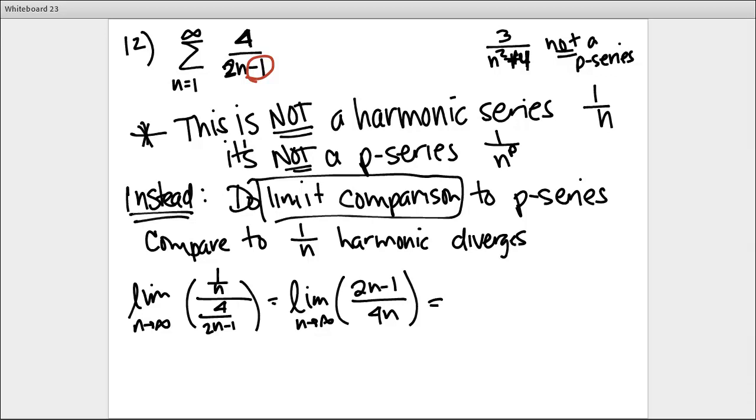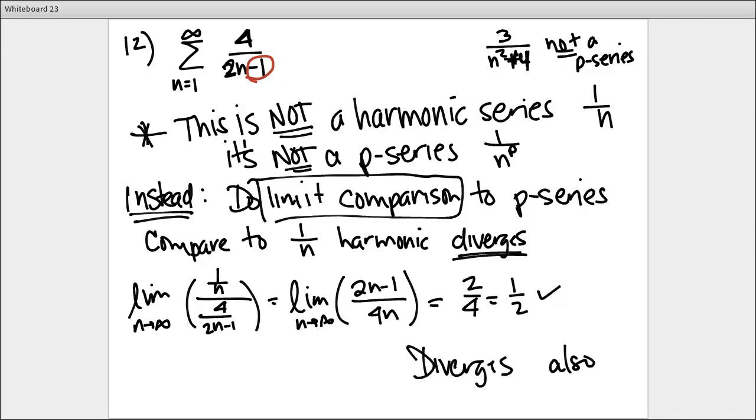As n goes to infinity, you are left with the leading coefficients, right? Because you got an n on top to the power of 1 and an n on the bottom to the power of 1. So you're left with 2/4, which is 1/2. And so it does the same thing as the one you compared it to. It diverges also. So that guy diverges.